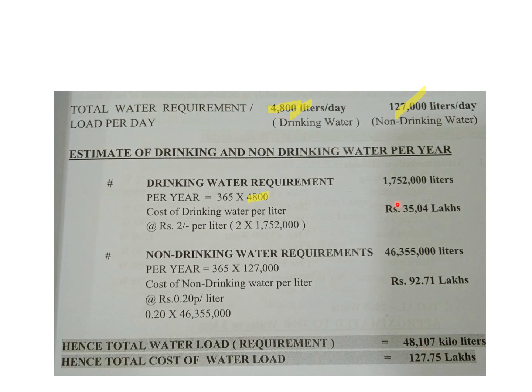Here it is roughly about 2 million liters. If you look at 1.75, it's about 2 million liters, and about 46 million. So about 2 plus 46, about 48 million liters of water is required for a 200 room property hotel per year.